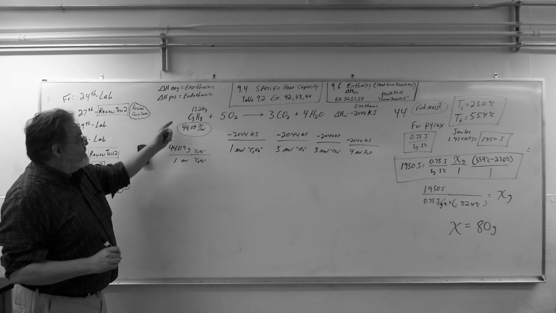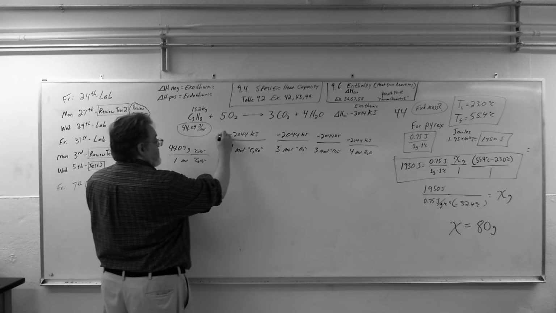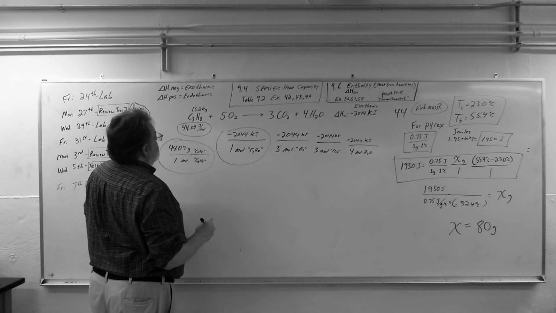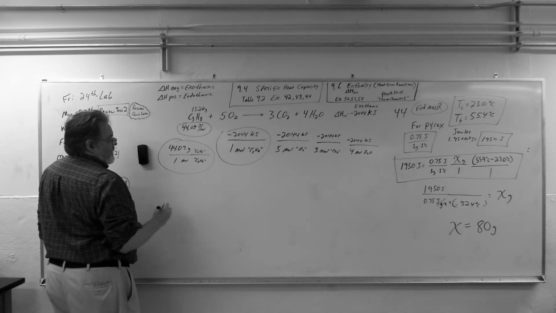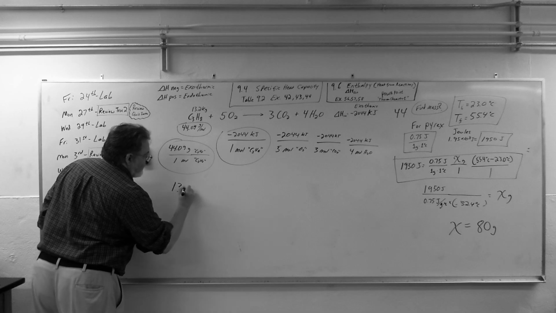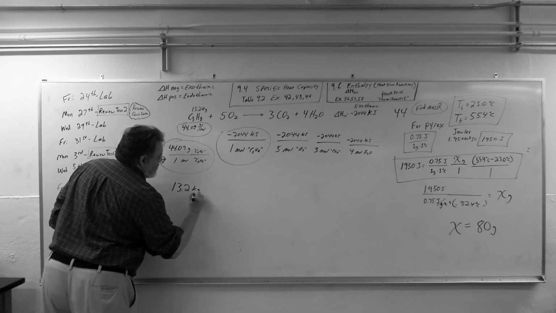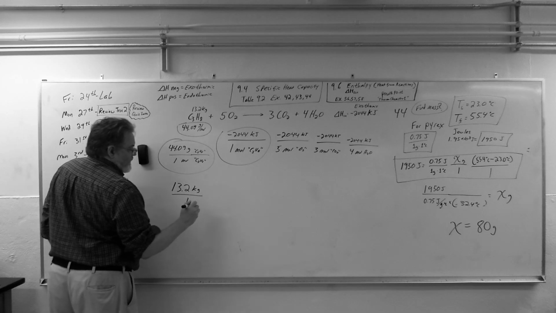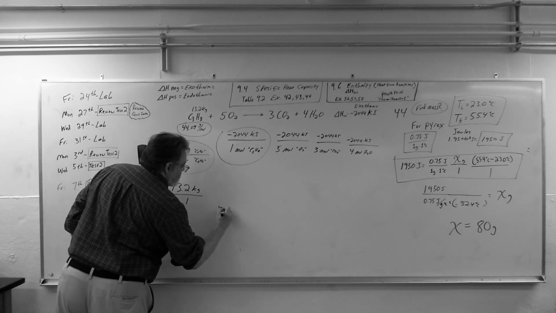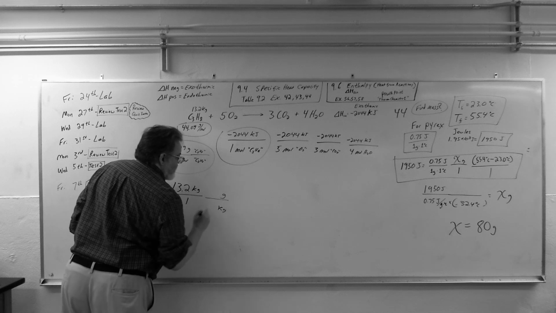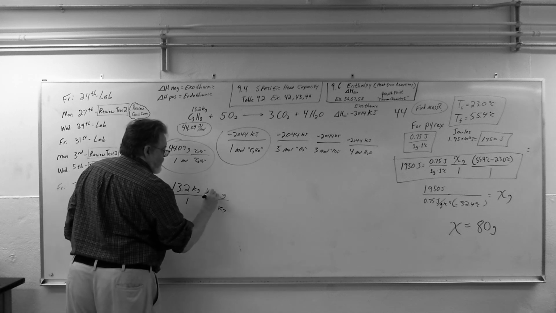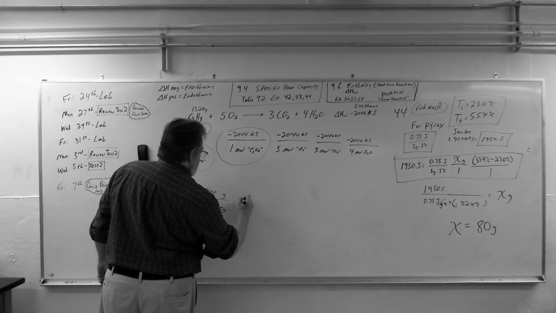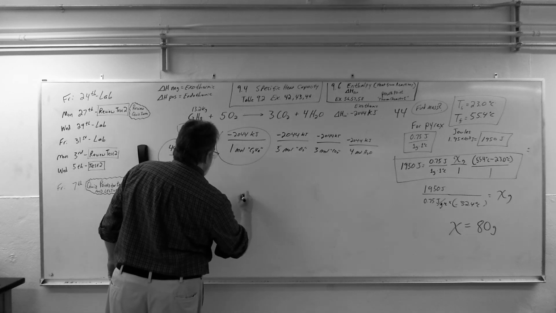And this question is asking about propane, so it's this one I'm going to be using. I'm going to use this and this 13.2 kilograms. I'll start with kilograms. Since this is in grams per mole, I have to convert from kilograms to grams. 1,000 grams is 1 kilogram.